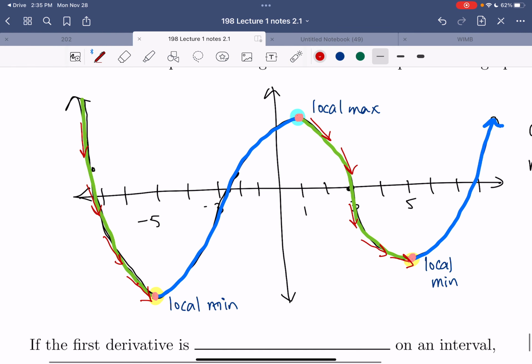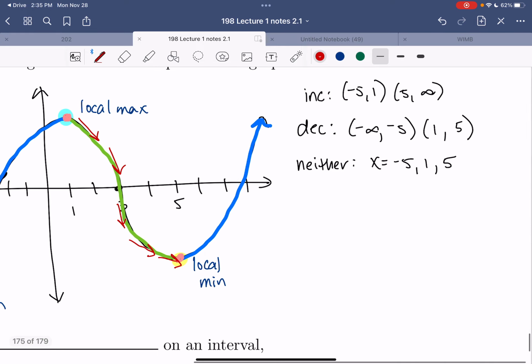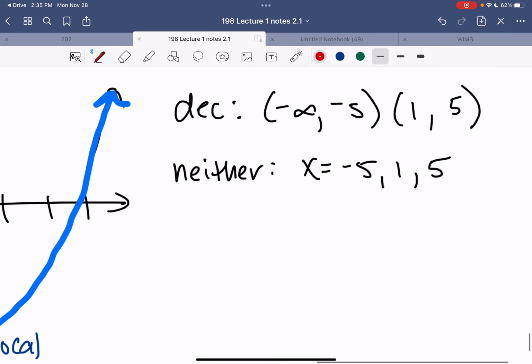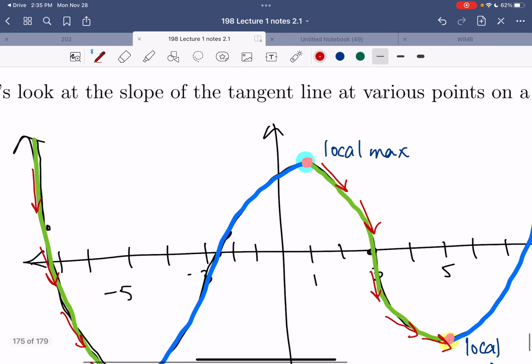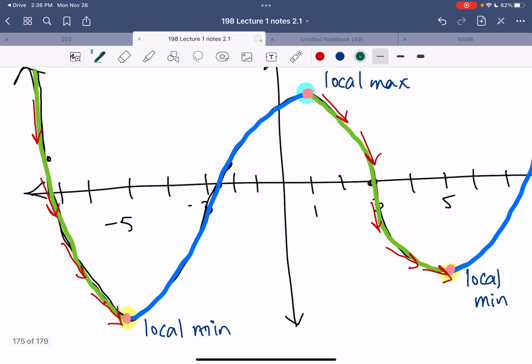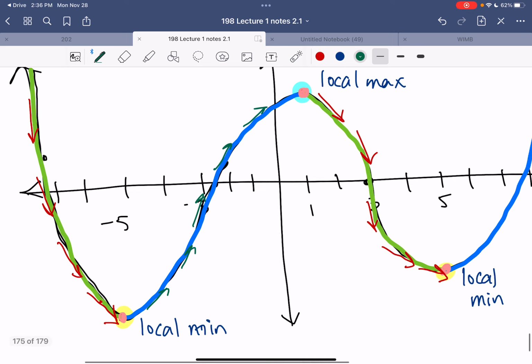And what do you notice about all of the red arrows? You notice that they're pointing down, right? And so that means where it's decreasing, the slope is negative, right? It's going down. And where I have my blue curve, if I look at the slope of the tangent line here, as I go from left to right, notice what's happening.